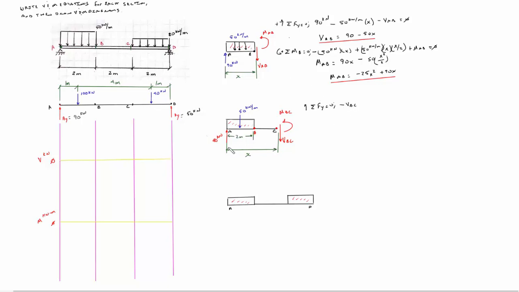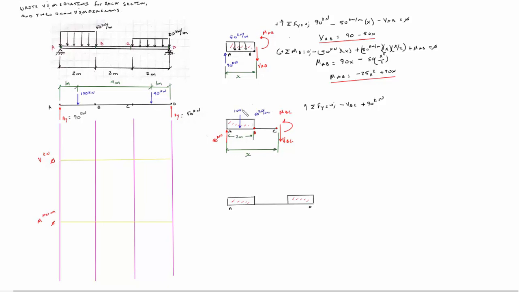I'm going to have 90 kilonewtons, which is going to be going up. And then I'm going to have, let's see, 50. We know its distance. So the point load here, and that's a little confusing. I'm going to do this. The distributed load was 50 kilonewton per meter.